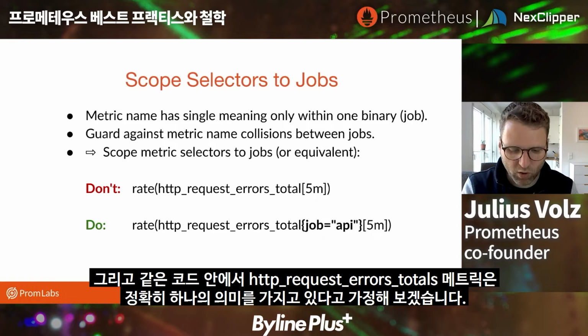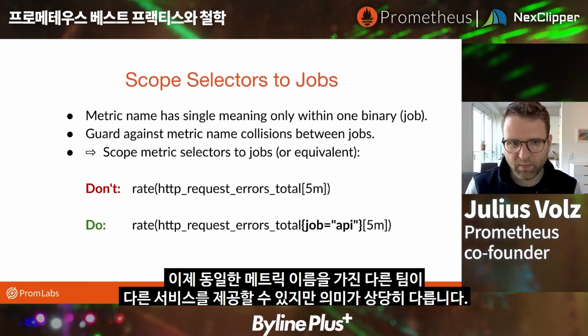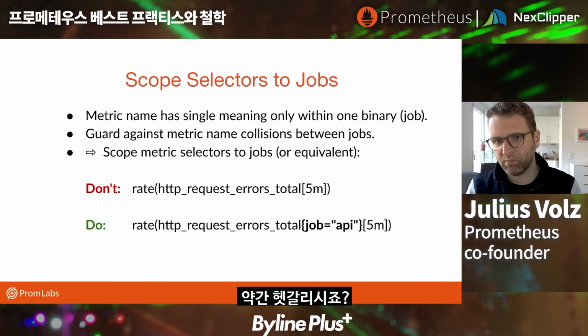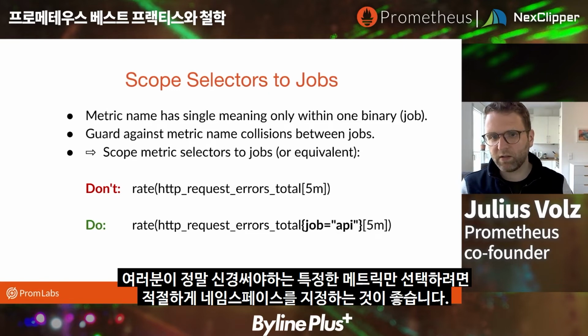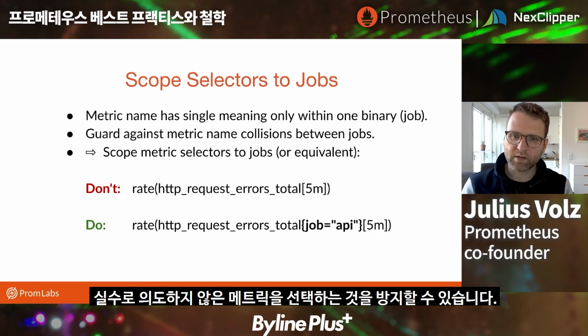And within that same code, let's say the HTTP requests error total metric has exactly one meaning. Now there could be a different service by a different team which has the same metric name, but it has quite a different meaning, or maybe just a slightly different one, maybe even the same. You're not sure, right? To be sure that you're selecting only the metric that you really care about and that has a specific meaning, it's a good idea to namespace it properly. So typically that will mean adding a job equals something selector to your metric name to make sure you're not accidentally also selecting metrics that you don't intend to select.